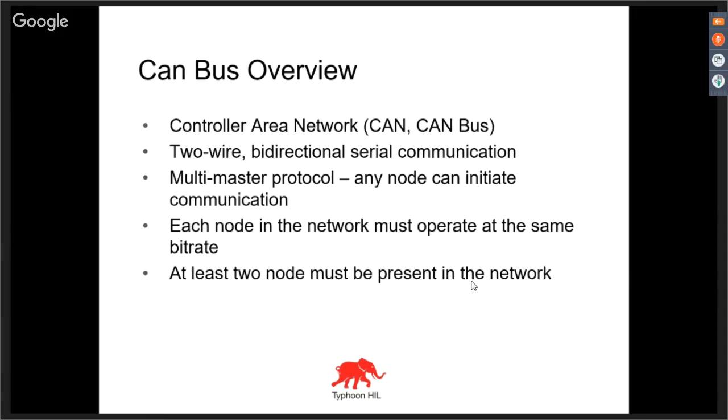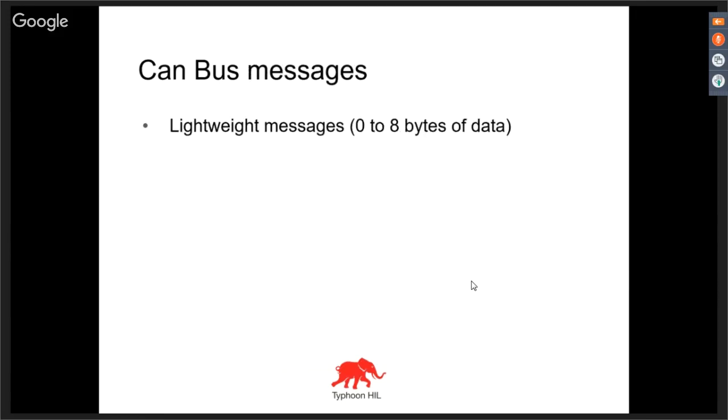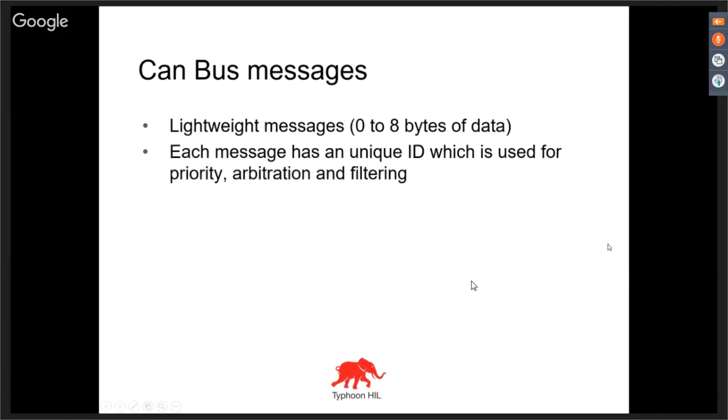And again, at least two nodes must be present in the network for it to work. CAN bus messages are really lightweight, ranging from only 0 to 8 bytes of data. And each message has a unique ID, which is used for priority, arbitration, and filtering of the messages.